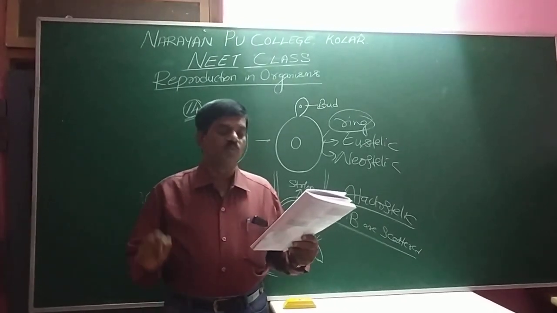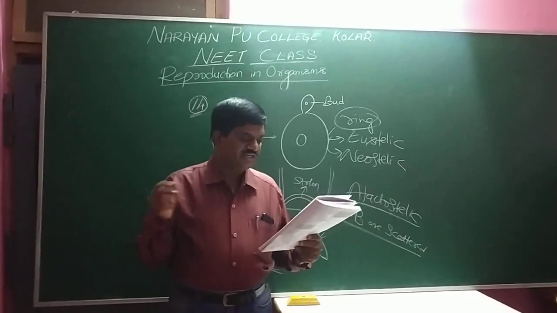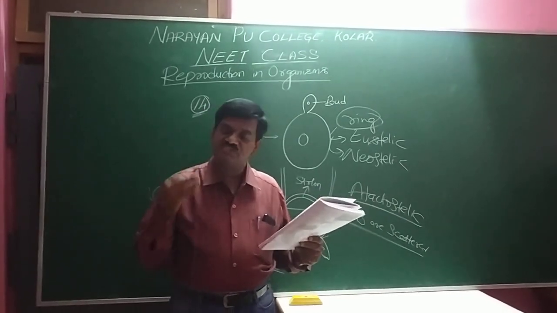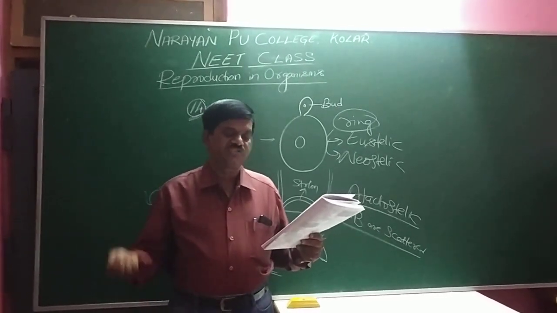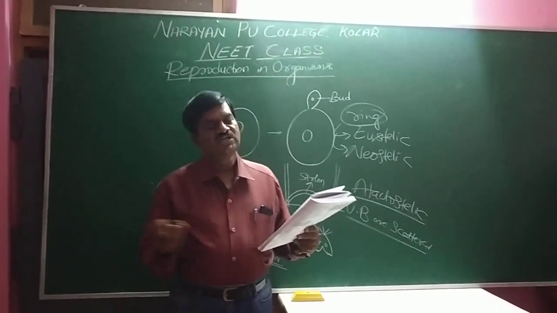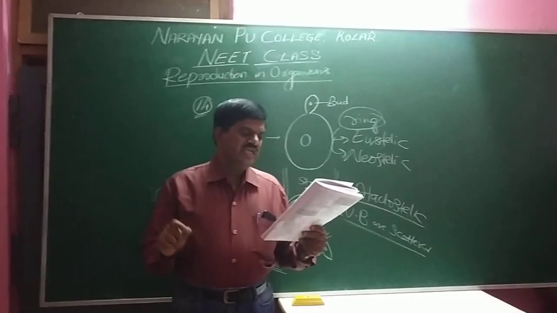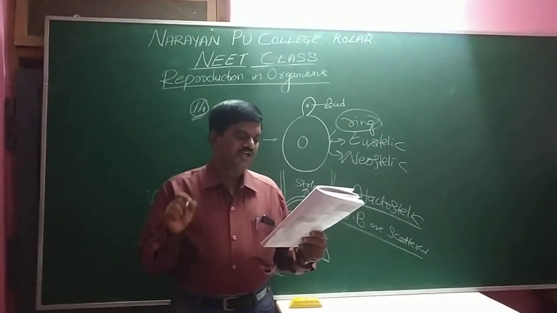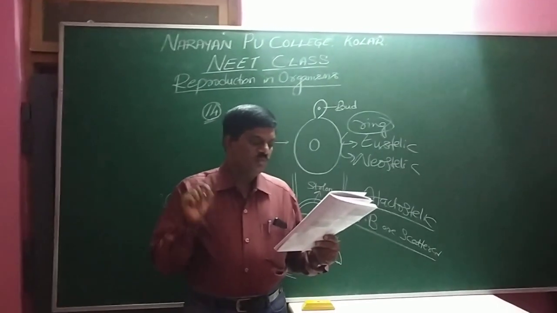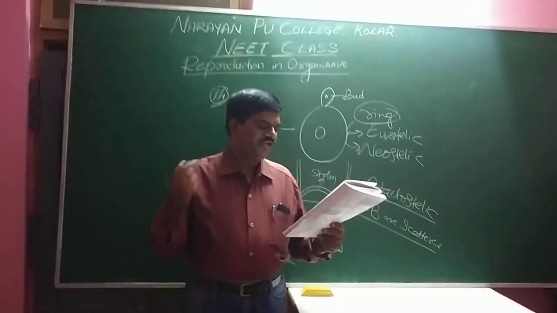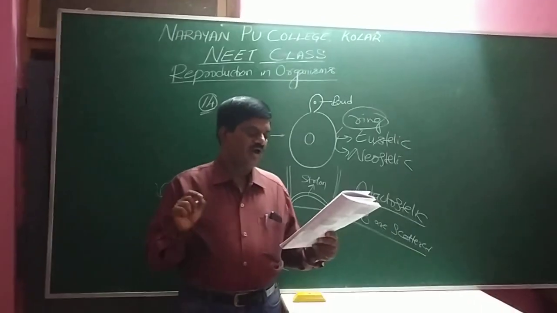Sexual reproduction involves the formation and fusion of gametes. Yes, it is right. As sexual reproduction takes place, formation of gametes, gametogenesis takes place, and the fusion of gametes is called fertilization. Even this statement is right. Next statement. Animals are categorized into oviparous and viviparous based on whether the development of a zygote takes place outside the body of a female parent or inside.